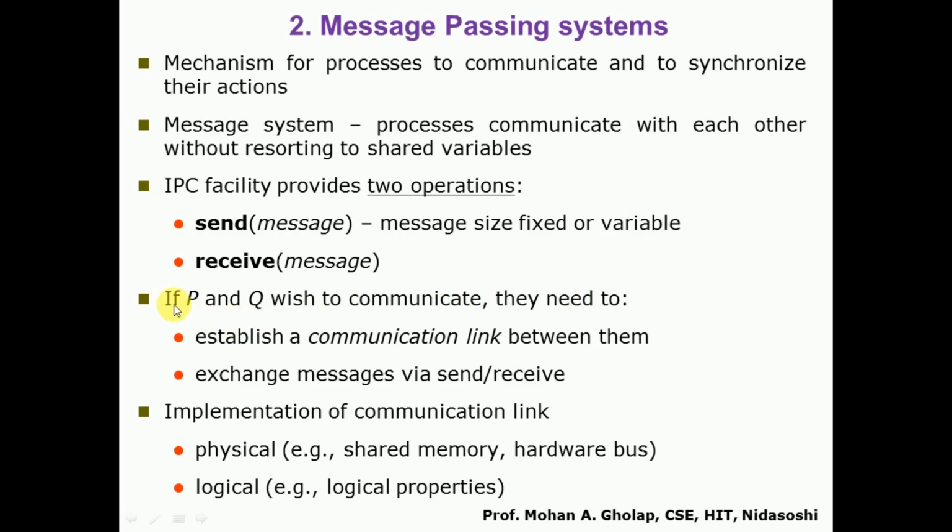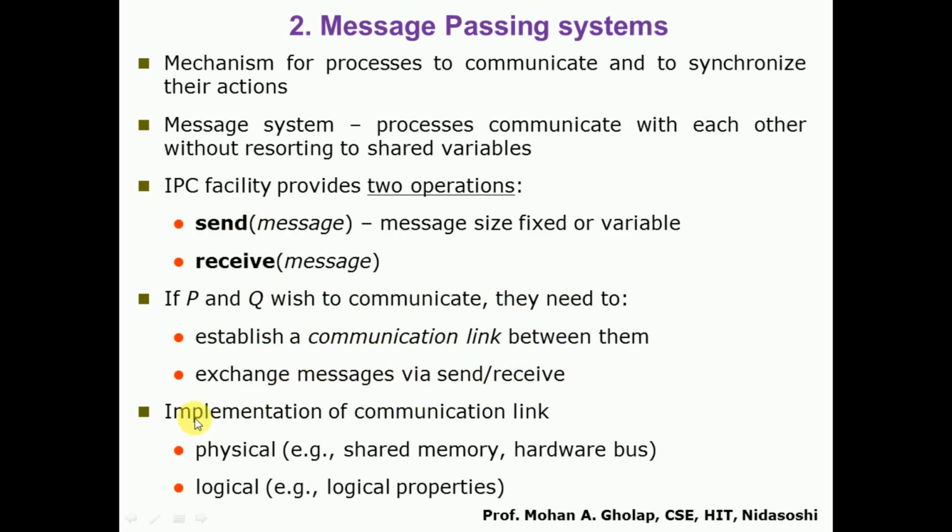If P and Q wish to communicate, first they need to establish a communication link between them, and after that they can exchange messages via the send and receive system calls.